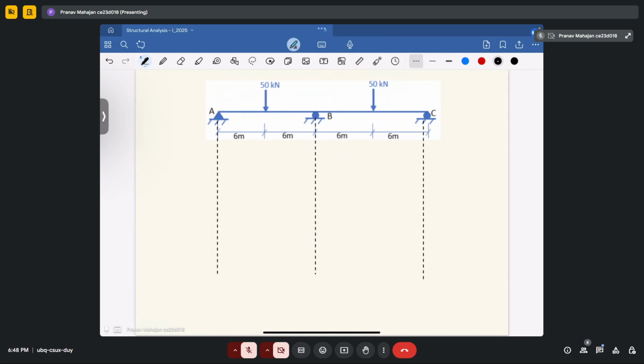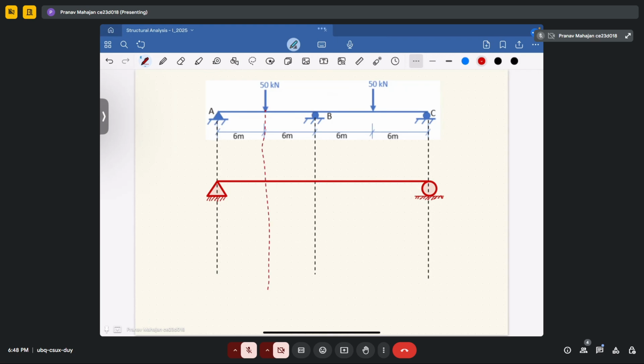Okay, so let's draw first your primary structure after removing this support at B. Okay, so now your structure is determinate, and it contains two loads at the center of the span.